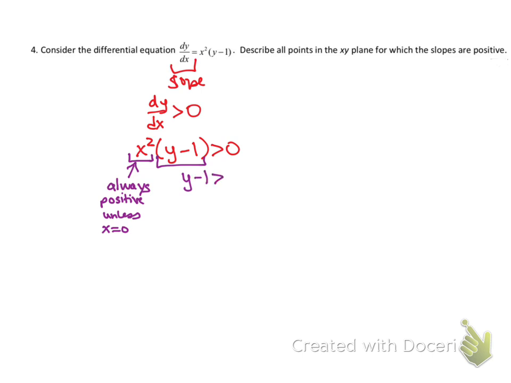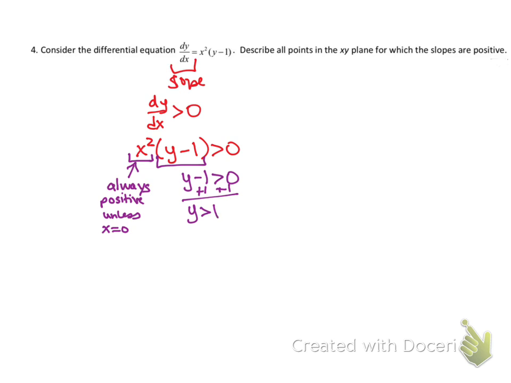We want to know when y minus 1 is positive. If y minus 1 is positive, we will get an overall positive derivative because since we know the x squared is positive, positive times a positive will give us a positive number. Actually, y minus 1 is going to be positive if you think about doing inequalities, it'll be positive when y is greater than 1.